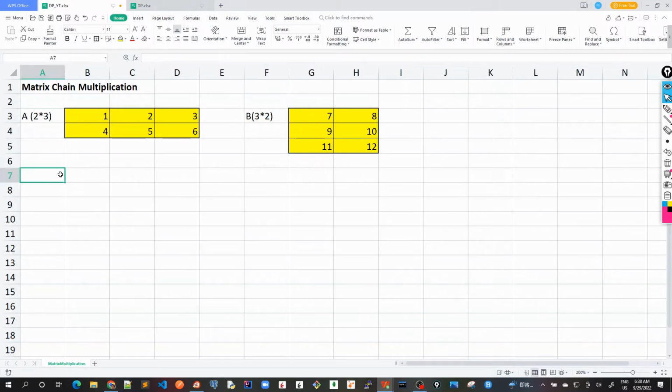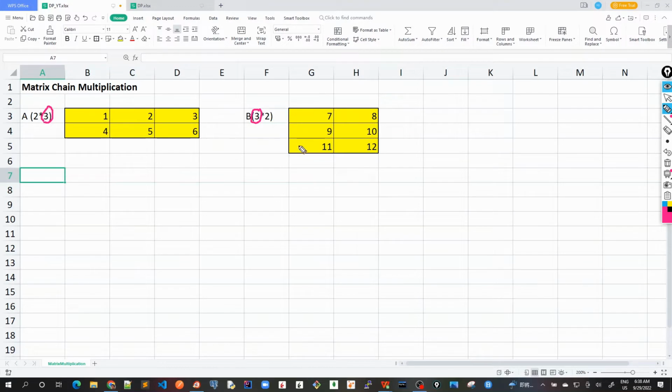Now, if we want to multiply these 2 matrices, the one thing which is very important is that if I want to do A multiplied by B, the number of columns here should be exactly the same as the number of rows in the second one. If these are not matching, then we cannot multiply these 2 matrices.